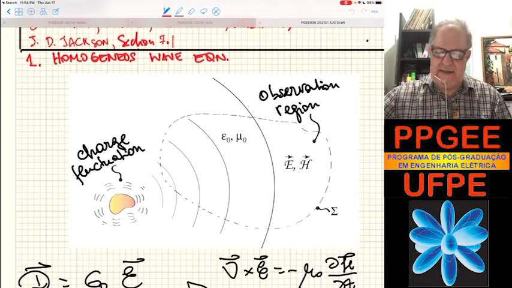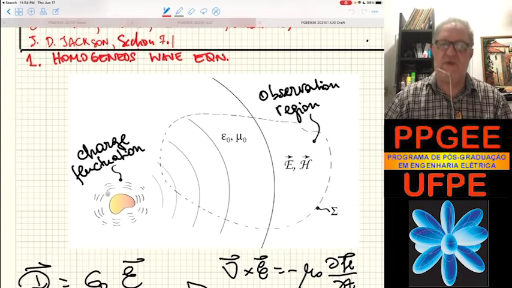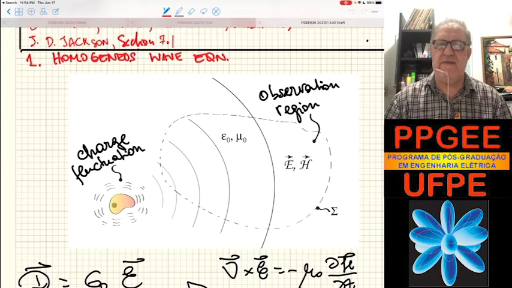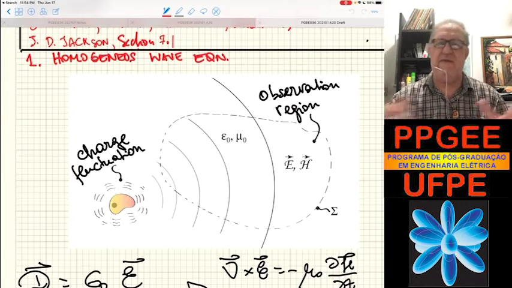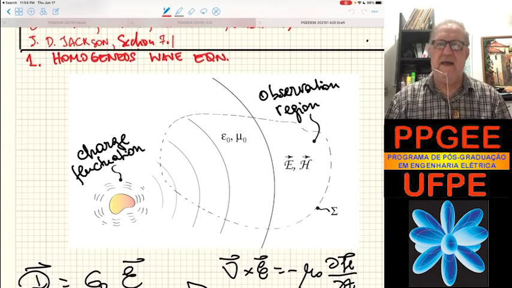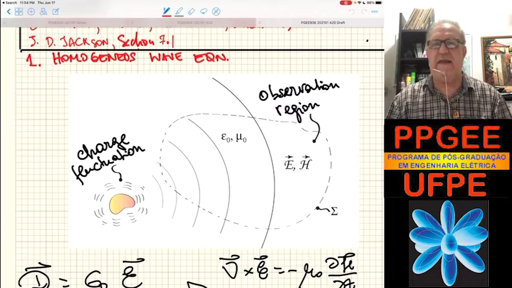We are interested in situations in which charge fluctuation produces some effect, because we are going to show that. Why is that? Because Maxwell's equations relate fields with their sources. And if the sources change with time, we are going to see that we have some sort of electromagnetic disturbance that propagates in space.